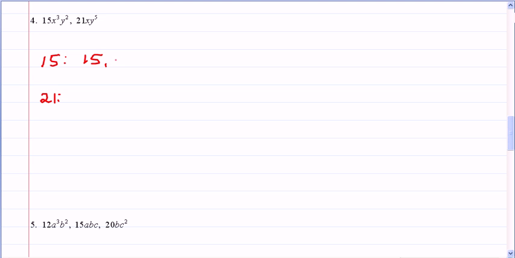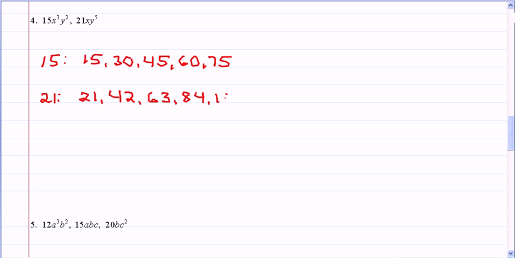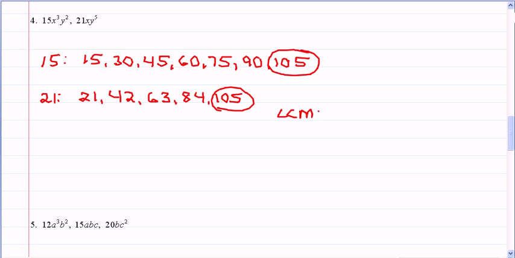I'll count the first 5 values of 15, and then of 21, and I don't have a match, so I'm going to extend this list, and I actually don't have to continue 5 more because 105 is the smallest number that they have in common. So far, my least common multiple is 105.